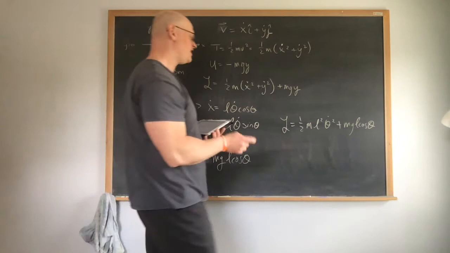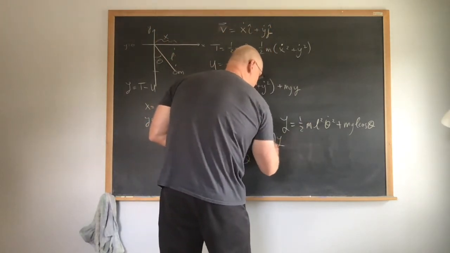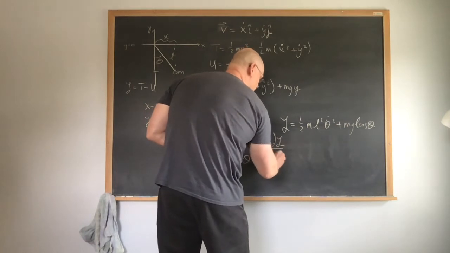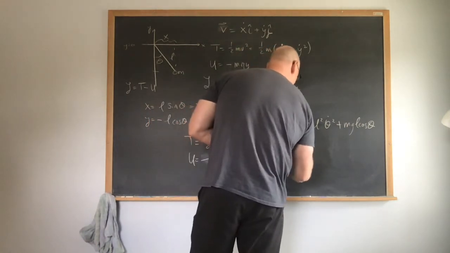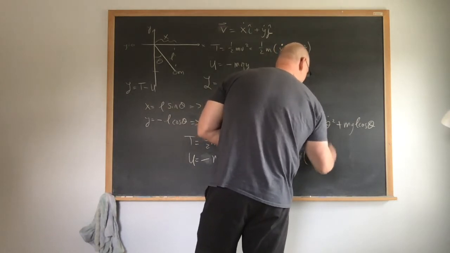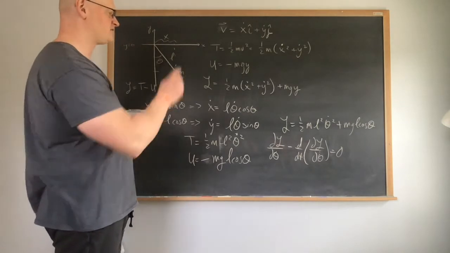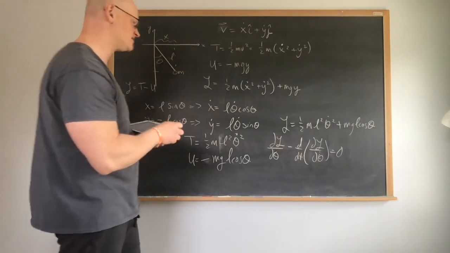So good. Now to get the equations of motion, I'm going to take the partial of the Lagrangian with respect to theta, minus d dt of the partial of the Lagrangian with respect to theta dot, and set that equal to 0. Taking the partial with respect to theta, the first term is independent of theta, so I only have the second term.